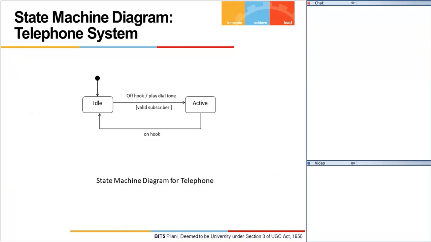So this is a state transition diagram or a state machine diagram for a telephone system. You can see here there are two states, an idle state and an active state, right? Some event happens and the system moves from the idle state to the active state.